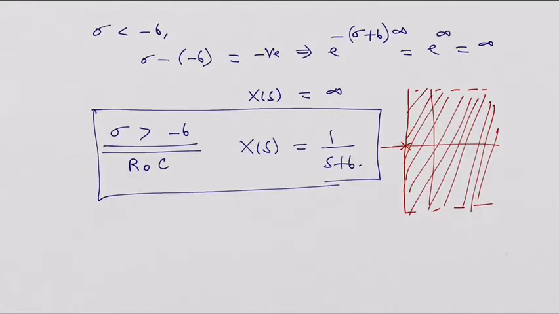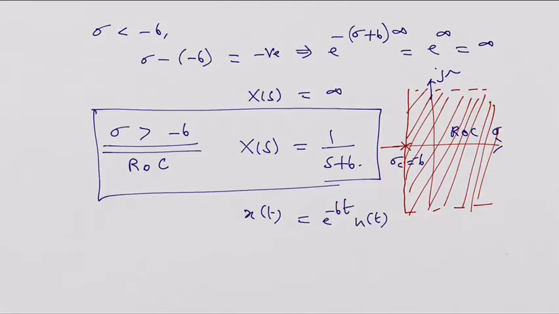I'll write this as ROC. This represents the ROC in an s-plane representation. So this is the line passing through sigma equal to minus 6, right? This is the area shown as ROC, with the abscissa of convergence, when x of t is given as e power minus 6t u of t, isn't it?